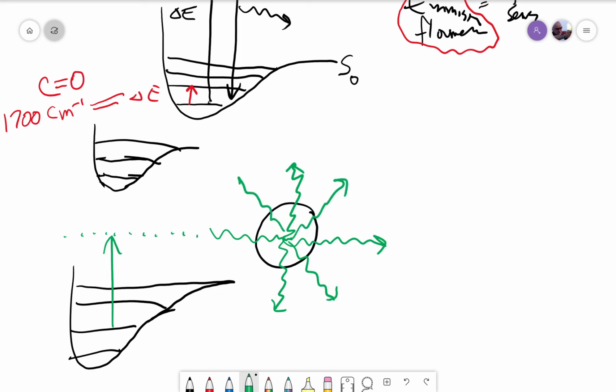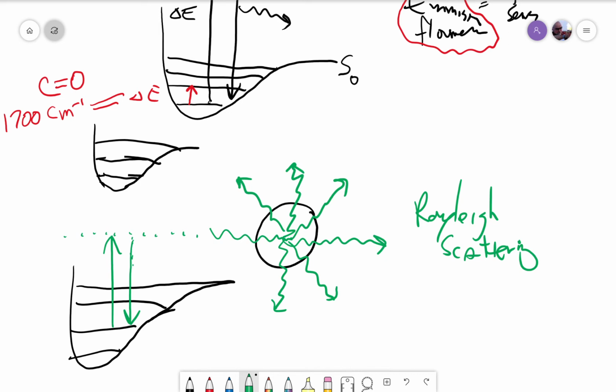So the non-resonant photon goes in, but it gets redirected in opposite directions. This is called Rayleigh scattering, as if the photon got scattered by the molecule. No energy change. It has the exact same energy as when it went in, so it just looks like it got redirected.